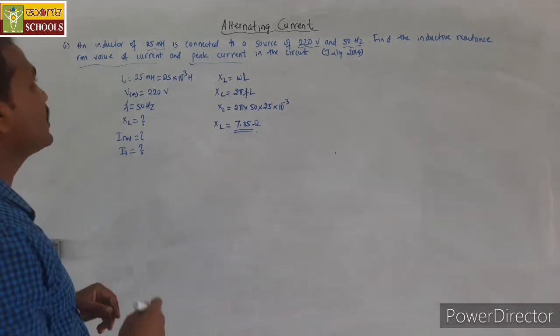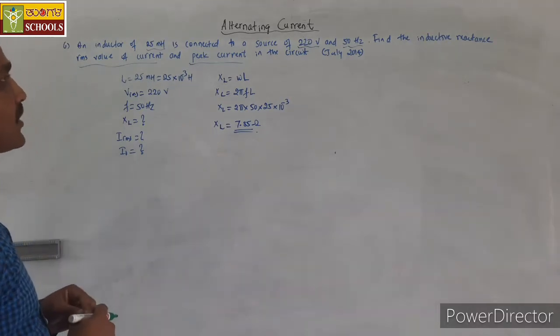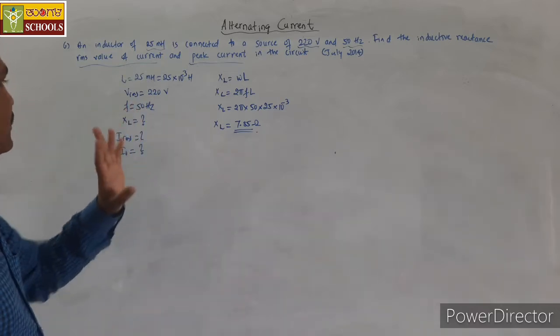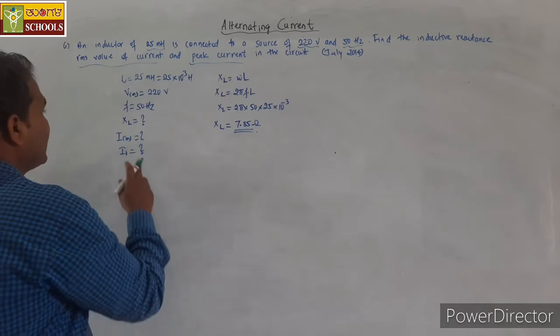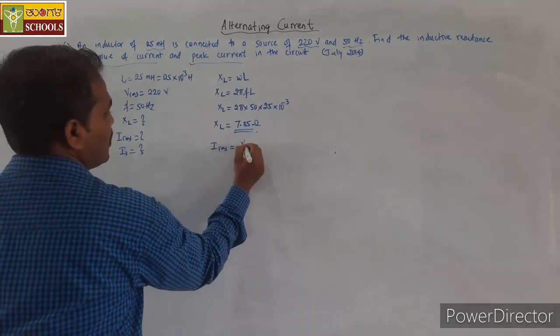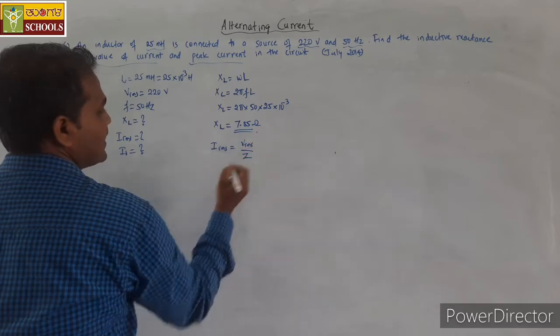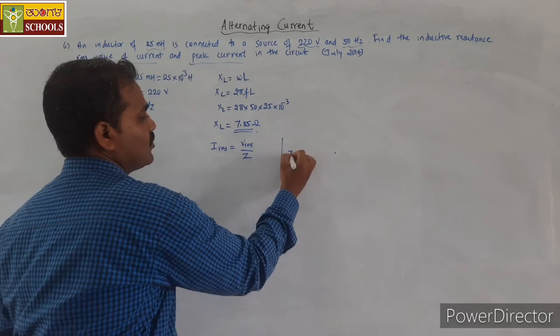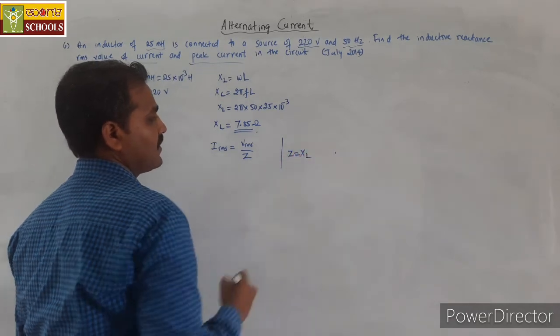Then we don't have any other components in the circuit, so whatever Z is there, that is because of L. To find out the IRMS, we have the formula IRMS is equal to Vrms divided by Z. Since we don't have capacitor and resistor, Z will be equal to XL itself.